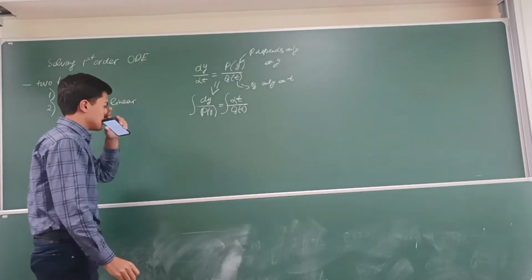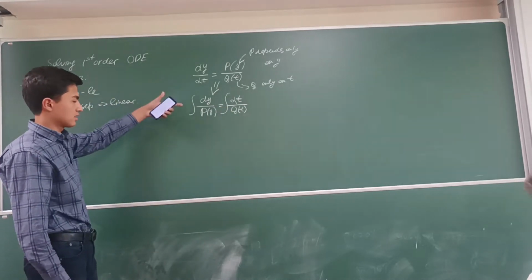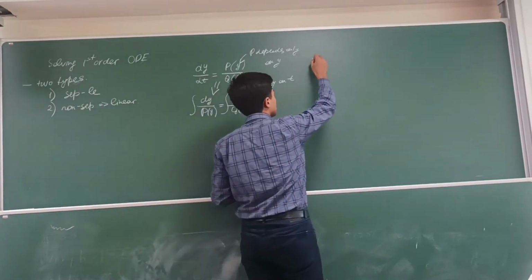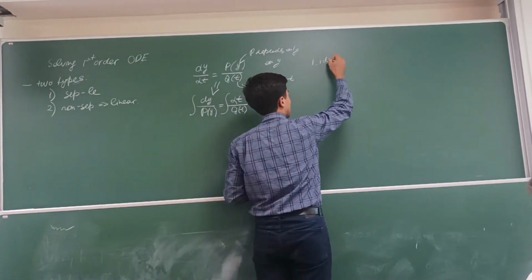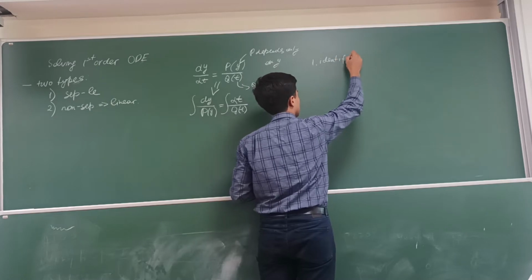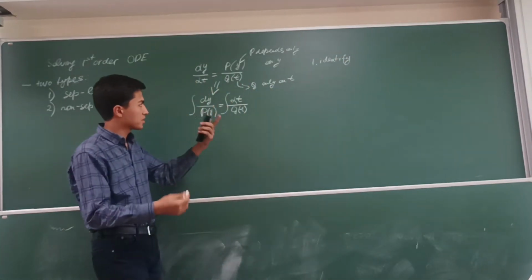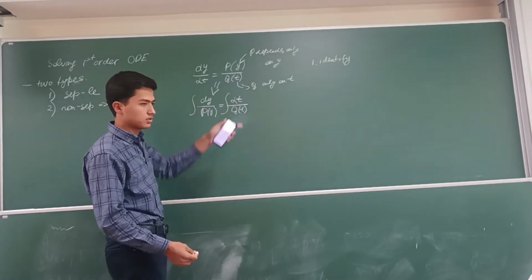So this is just a brief explanation. The algorithm is that firstly you identify whether it's separable or not separable. If it's separable, identify P(y) and Q(t).